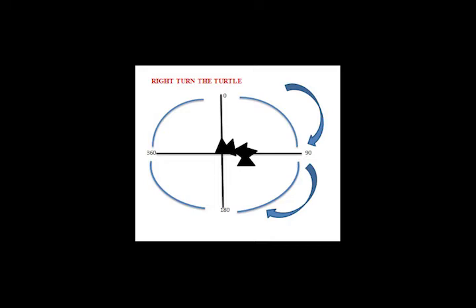From 0 to 90, then 90 to 180, and then 180 to 360, way back to its original head position. So this is how the turtle moves in the right direction.